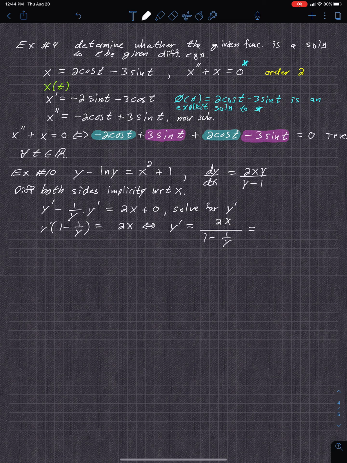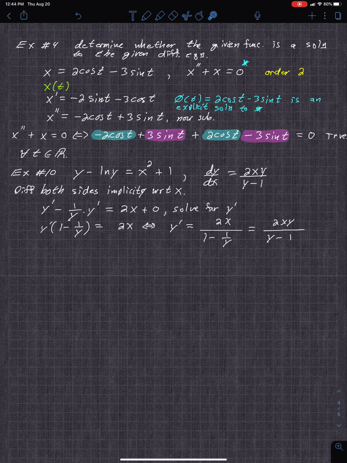And then that's a complex fraction, so you rationalize that, multiply by y over y, you get 2xy over y minus 1. And so we actually showed it directly that y prime is this right here. And so yes, it is a solution. We didn't have to substitute and check directly. We were able to solve directly for y prime.